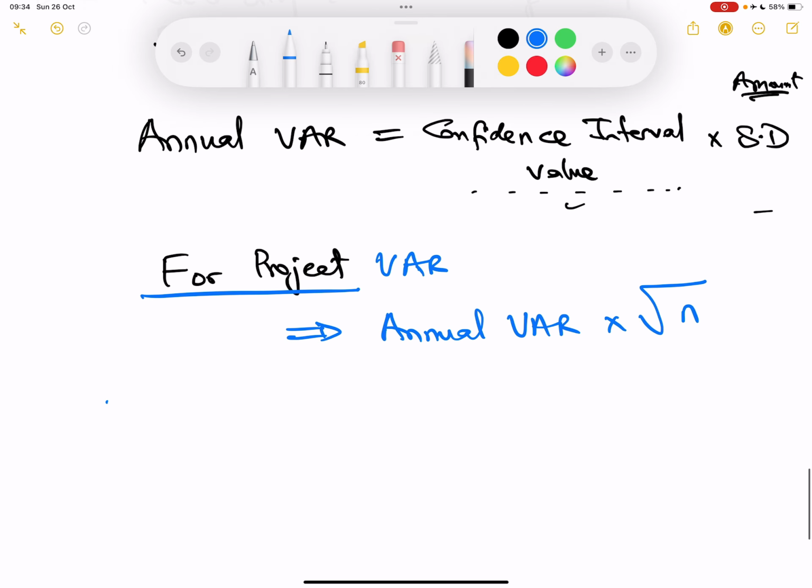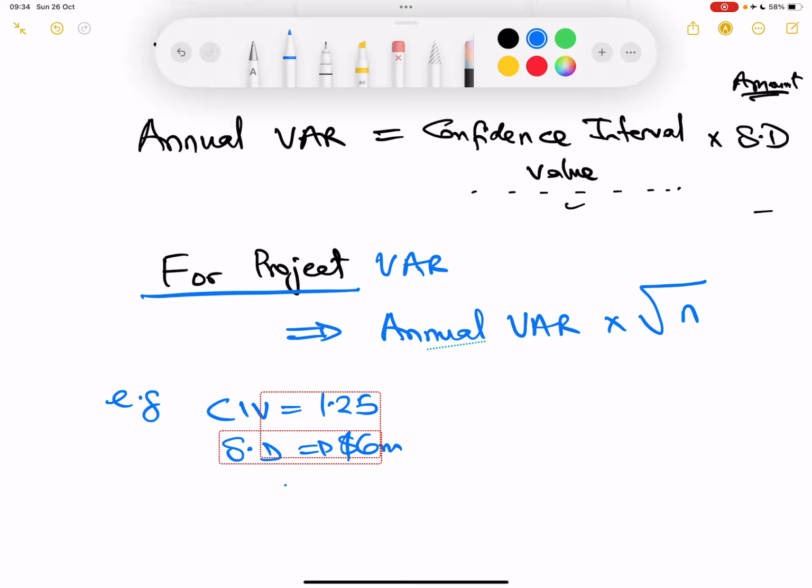So take, for instance, if I give you a quick warm-up to say the confidence interval value is 1.25, standard deviation is $6 million, and the project tenure is 3 years.